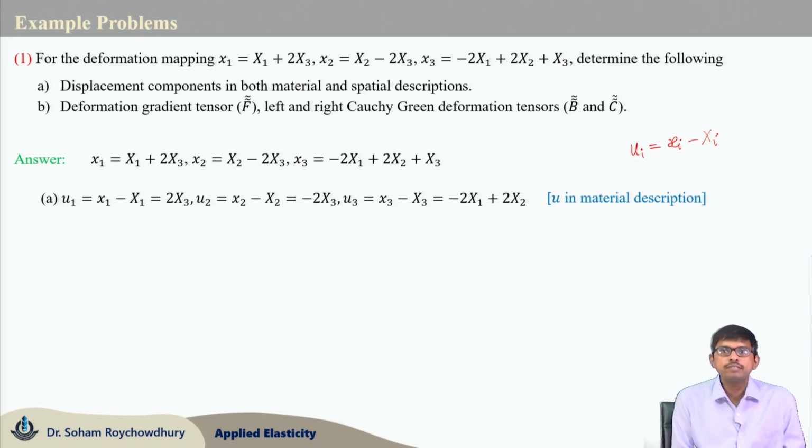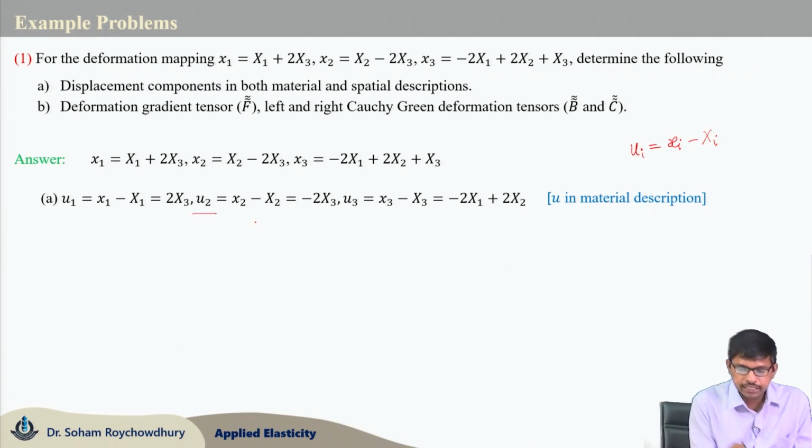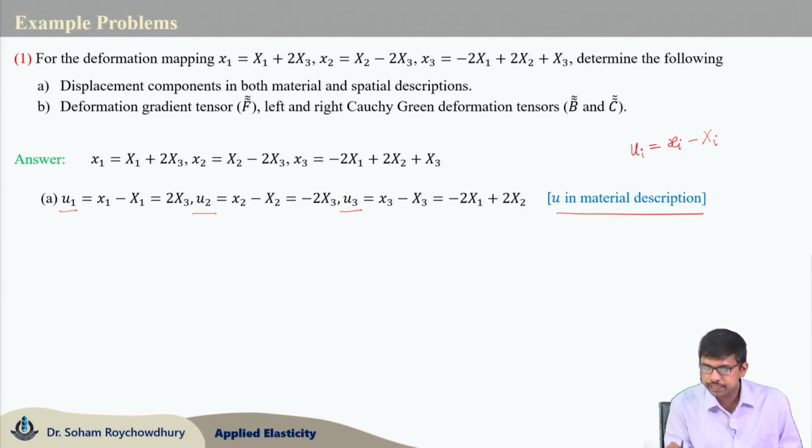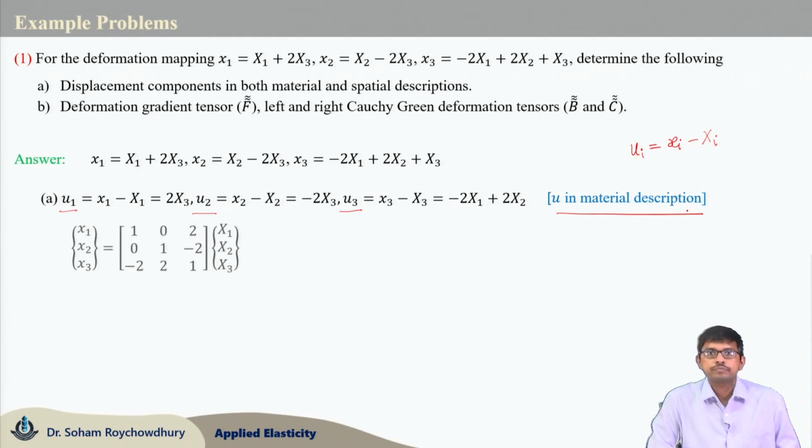So, with the help of this definition, in the given material description, u1 is x1 minus X1, which is 2 times X3, and so on. In the same fashion, you can obtain all 3 displacement components in the material description, where they are functions of X_i. Now, for finding u in the spatial description, we need to invert the given mapping.